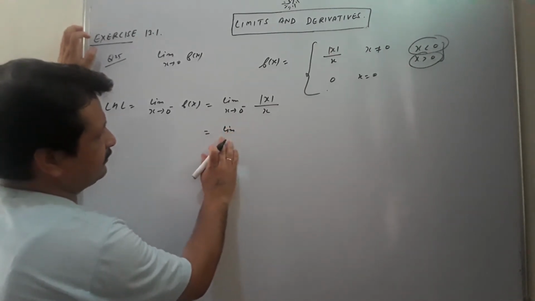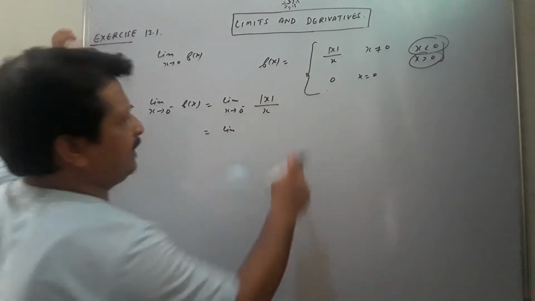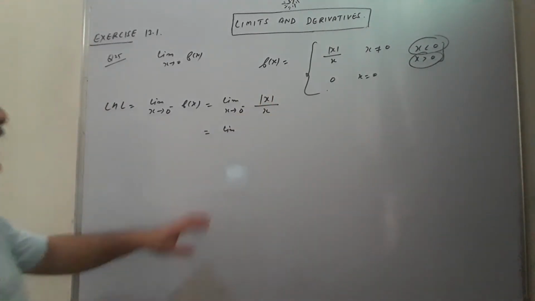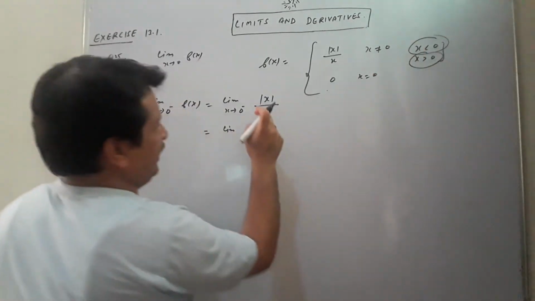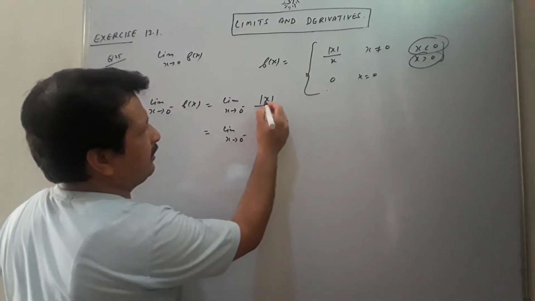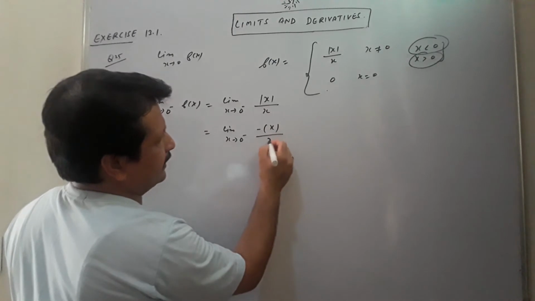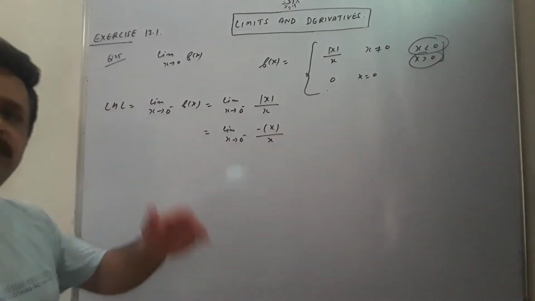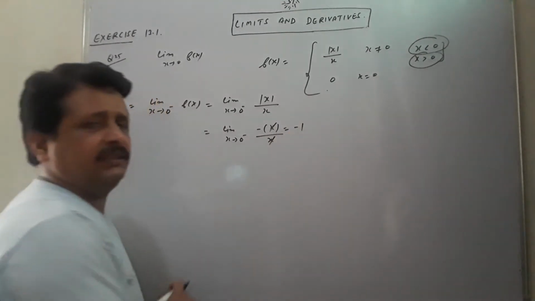Now I am coming particularly to that point because x mod is given and the condition is x is less than 0. It means in that case if we remove this mod from here, we will get minus x upon x, because it is toward the left hand side, so it will cancel out. Here it is minus 1 then, students.